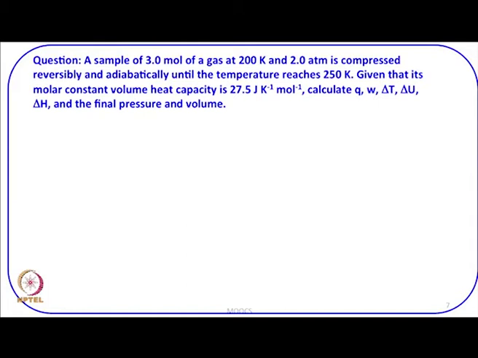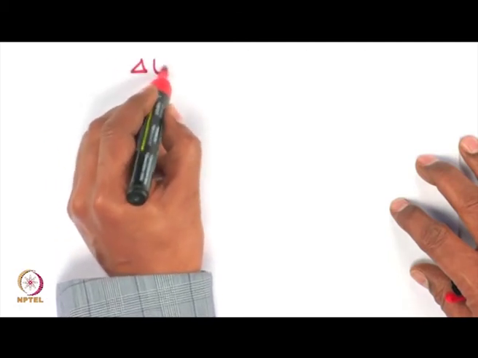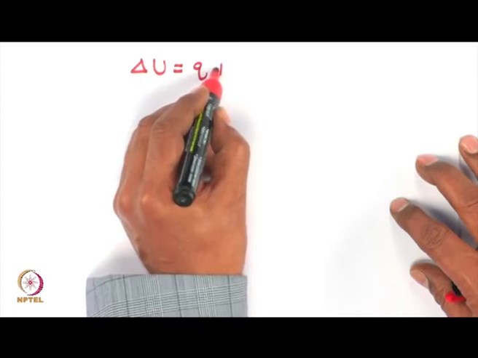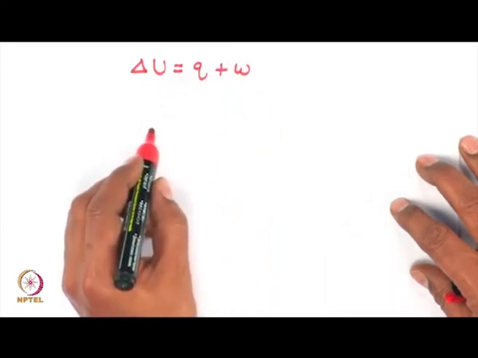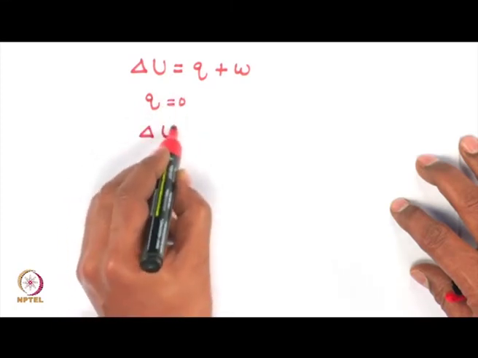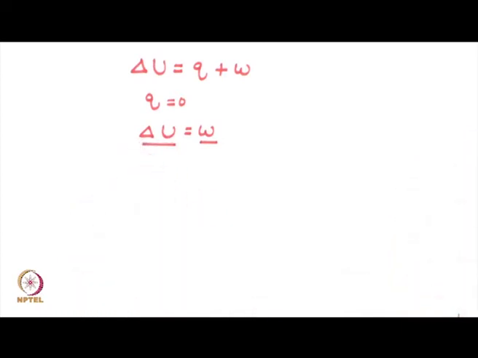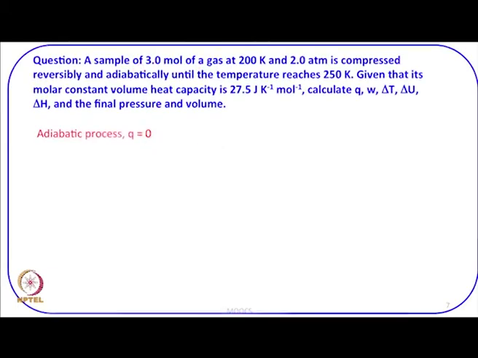However, as I expressed earlier also, we can straight away start with the first law of thermodynamics, delta U is equal to Q plus W. And since the process is adiabatic, Q is equal to 0, therefore, delta U is equal to W. So, when we calculate delta U, then we do not need to calculate W through P and V, because delta U will be equal to W, and let us see how to calculate that.